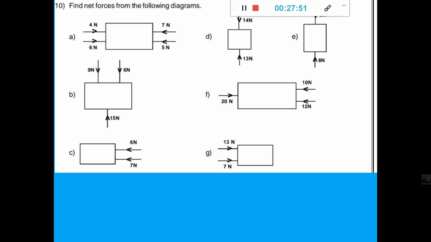Okay, next one. Find net forces from the following diagram. It is also a challenge for you.